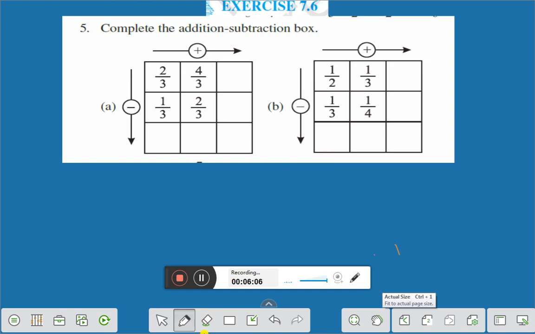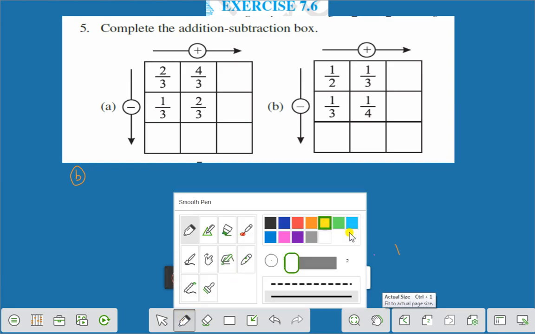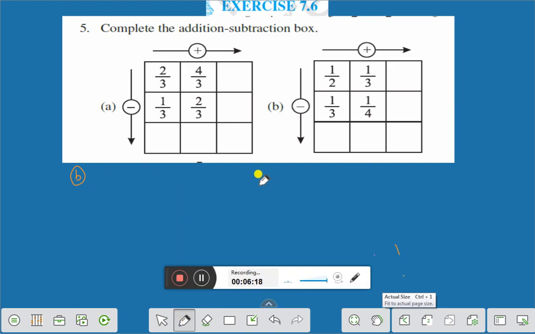Let us do question number B. Horizontally you have to add, that is 1 by 2 plus 1 by 3.